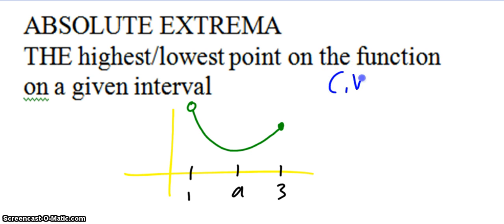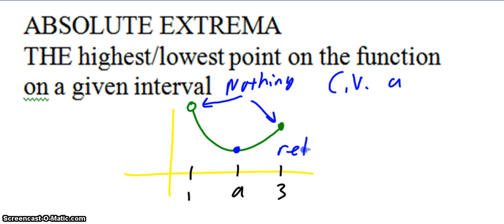I would have a critical value at A. This would be nothing, this would be nothing. This point here would be a relative and an absolute minimum.